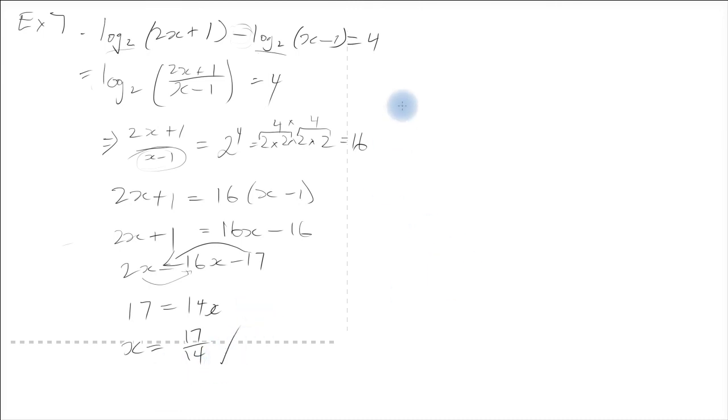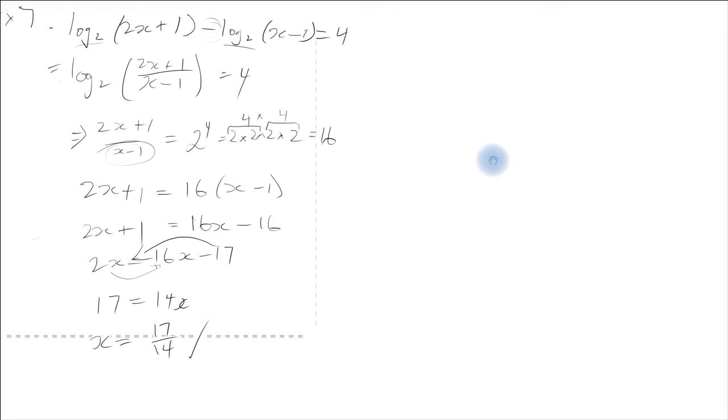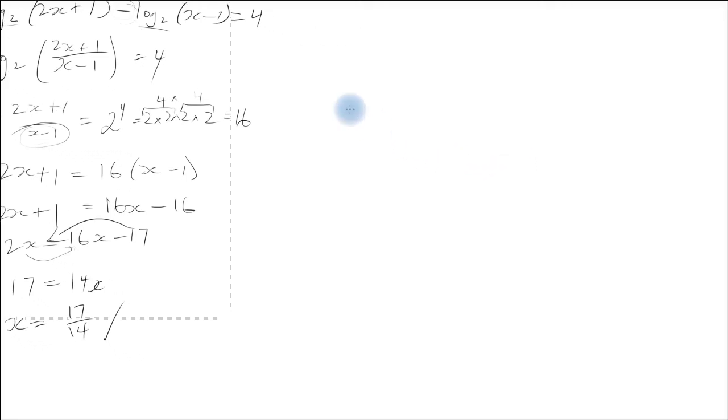Okay, I think I've got one more example for you. Example 8. Let's have log to the base 3 of x minus 1 plus log to the base 3 of x plus 1 equals 1.